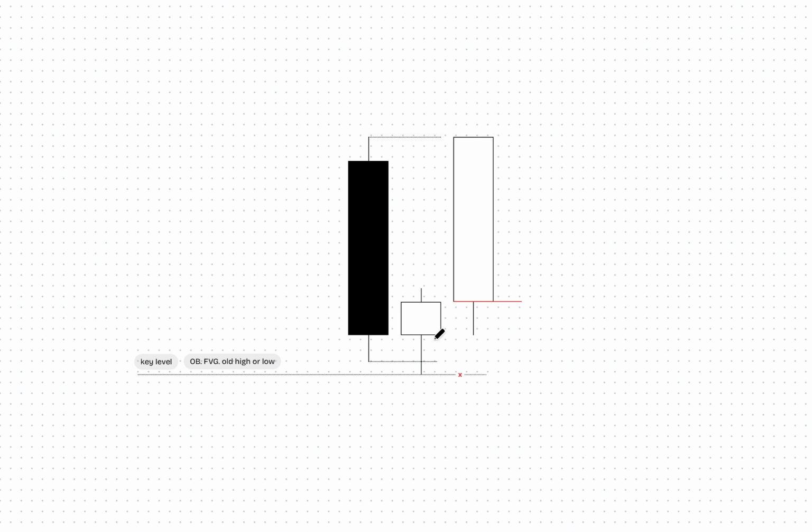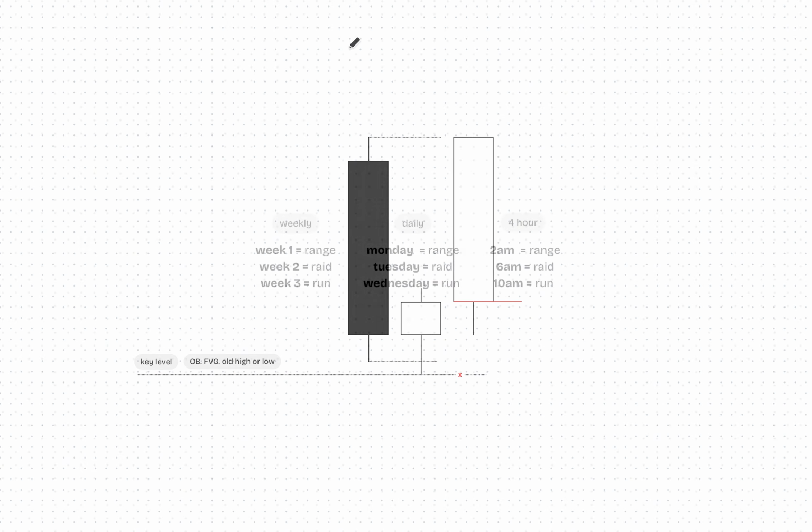Price has now got fuel to move to that opposing side and take that liquidity. But it's very important we have the higher time frame key level, so that can be an order block, a fair value gap, or an old high or low.